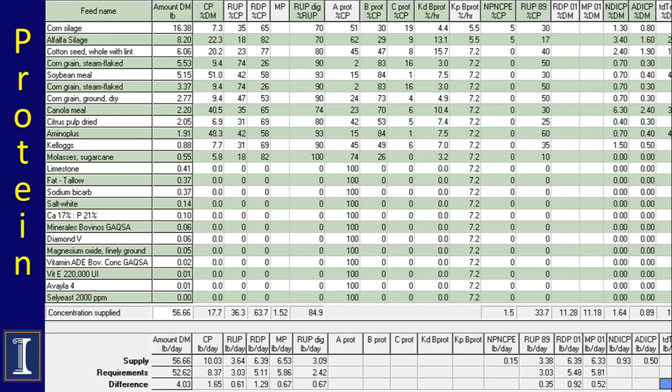This is the rumen undegraded protein, 36%. You can see the concentration there. If I go to the bottom, we're overfeeding about 0.5 pound of rumen undegraded protein. That's costing me some money, and you can see one of the major sources up there on rumen undegraded protein is going to be the heat-treated soy product up there, and certainly that costs me some money as well.